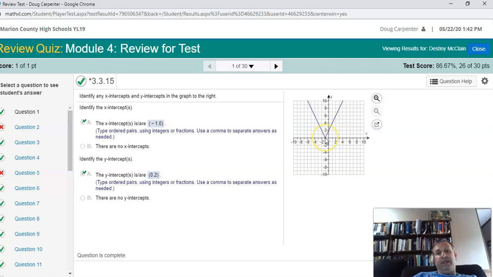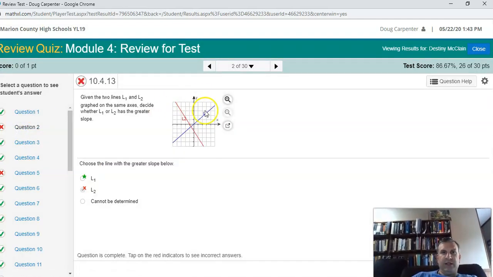So the x-intercept is -1 and 0, where it touches or crosses this line. And then what are the y-intercepts? Well, where does it cross this line? 0 and 2. Question 2.